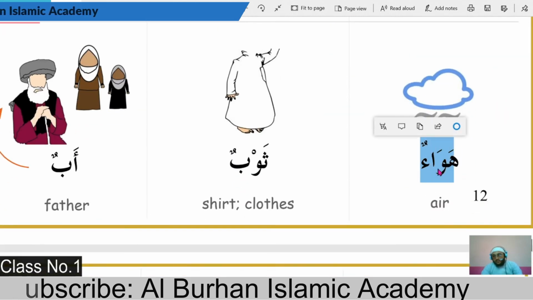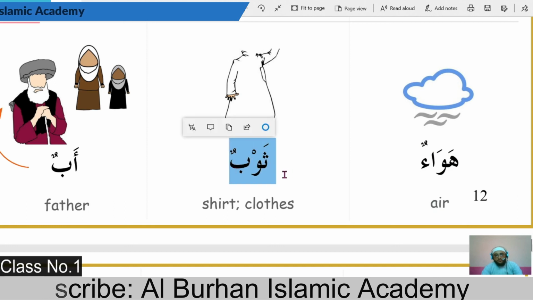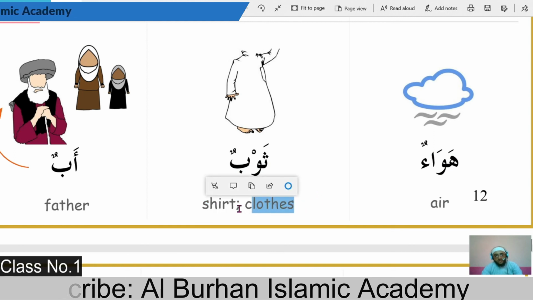هواء. هواء used for air. ثوب. ثوب used for shirt and clothes. أب. أب used for father.